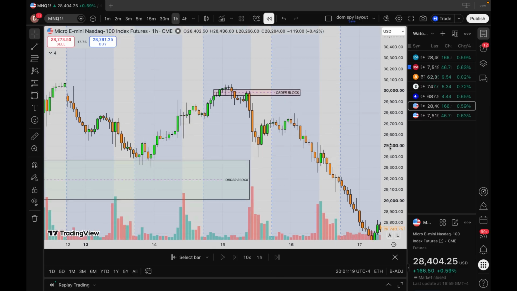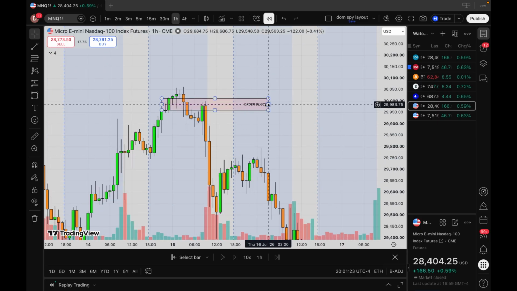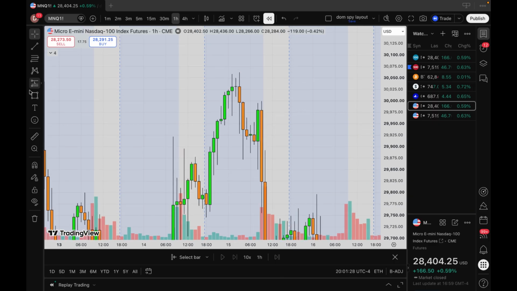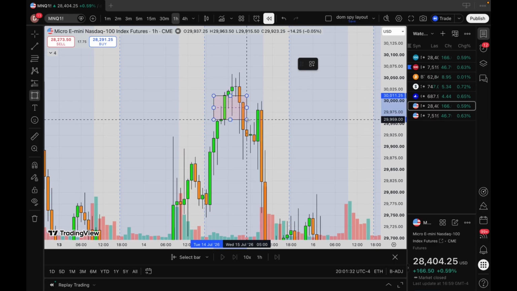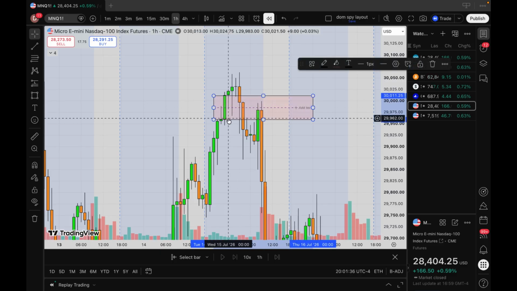Let's get into it right now. I have a few of these laid out, and just to make it a little easier for the video, we're using our square tool today. This is basically the last strong aggressive opposing candle. I start the square at the top of the body and the bottom of the body.